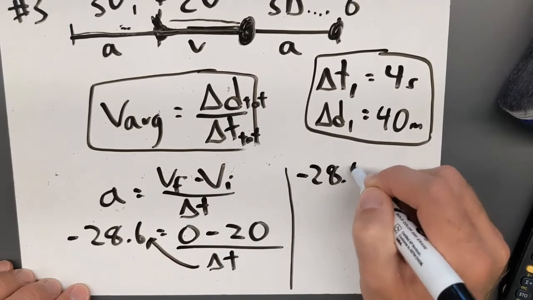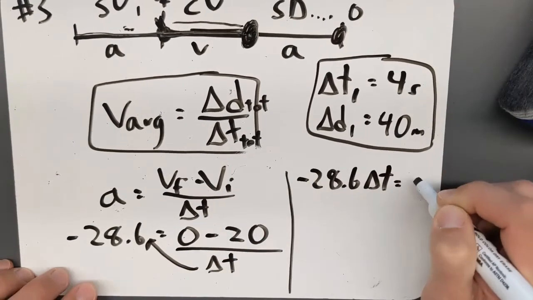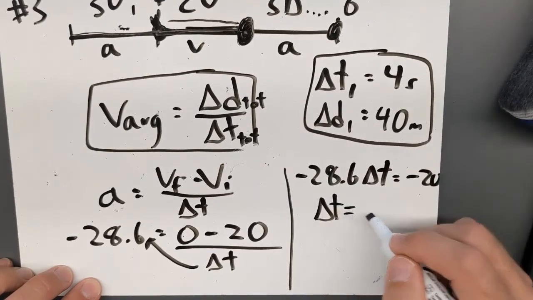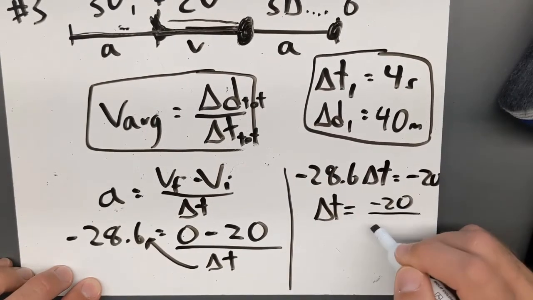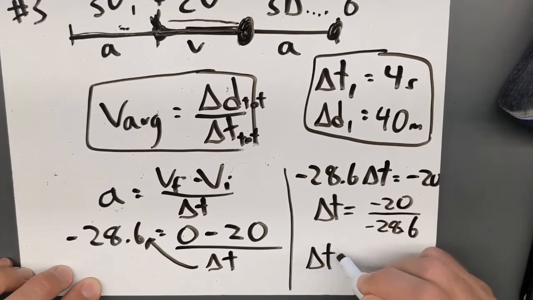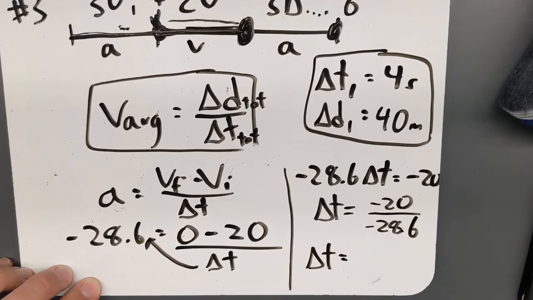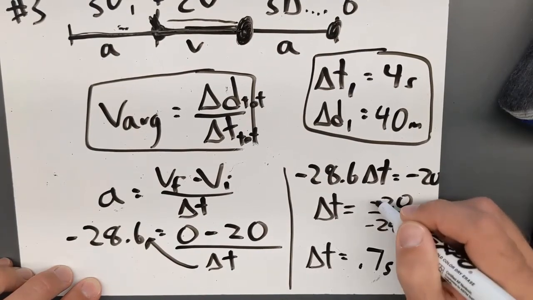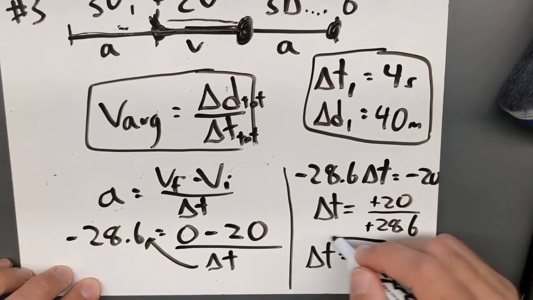Negative 28.6 delta T equals negative 20. Delta T is equal to negative 20 divided by negative 28.6. And I have a delta T of only 20 divided by 28.6, only 0.7 seconds, because those negatives will cancel out. And there's my final time.